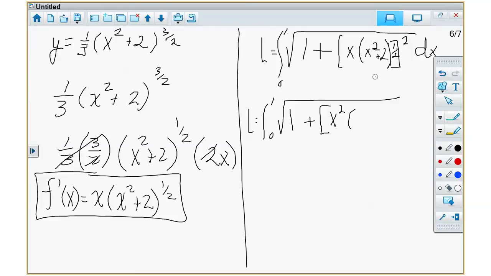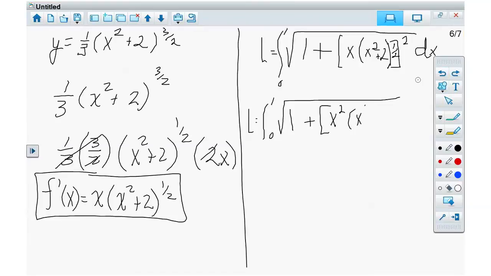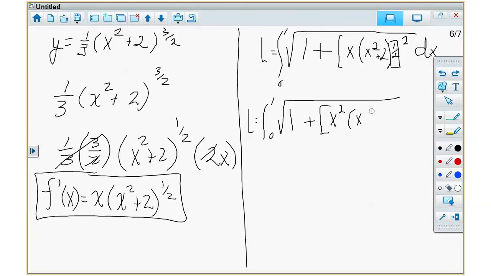So whittle it down, take the square, distribute it here, take the square, distribute it here, you get x squared plus 2. Don't forget the dx.